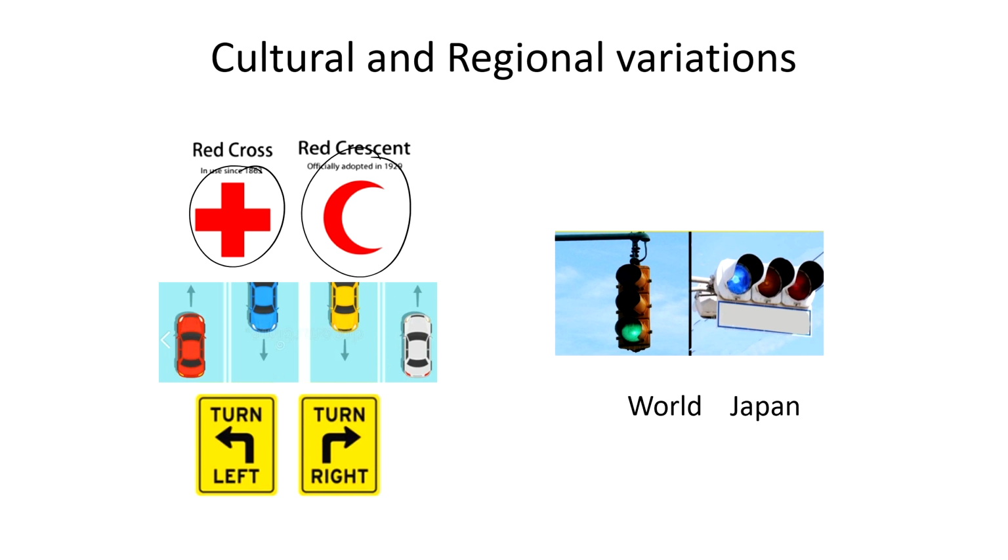Additionally, color interpretation can also vary among cultures. I hope you would be knowing about this. Thus, in Japan, the color green is traditionally perceived as a shade of blue.